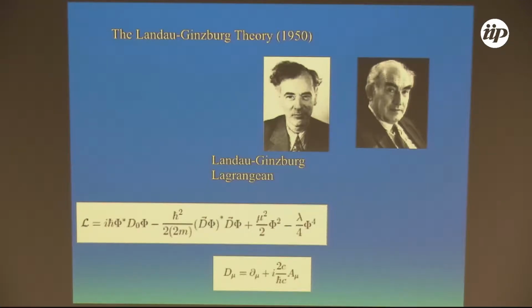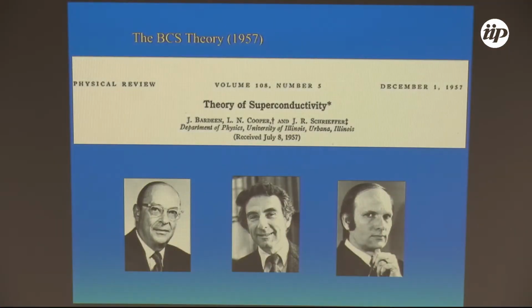And it was in 1957 that the final theory for superconductivity was put forward by Bardeen, Cooper, and Schrieffer. So you see, there are about 45 years between the discovery of superconductivity and its understanding.